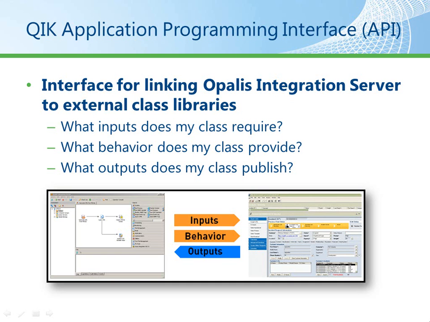Secondly, what behavior does my class provide? And thirdly, what outputs does my class publish? You can see here a very small image at the bottom depicting the Opalis Integration Server on the left, the third-party application on the right, and then obviously the inputs and behavior, and then outputs coming out.